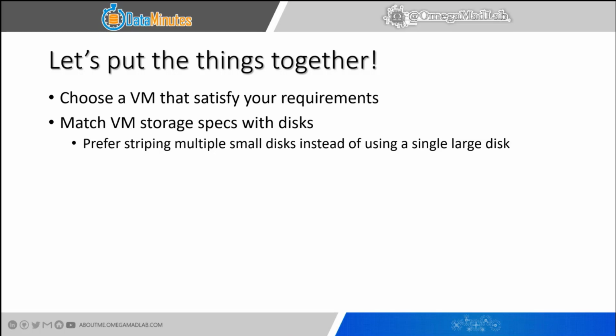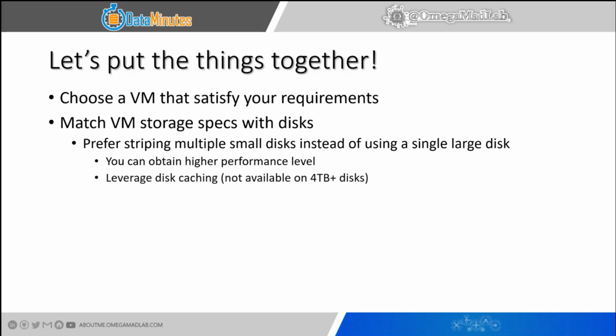For example, if you need a 2 terabyte volume, it's better to combine a couple of P30 disks instead of using a single P40, because you can obtain the same volume size but with higher performance. And this strategy also permits you to leverage disk caching that is not available on larger disks.